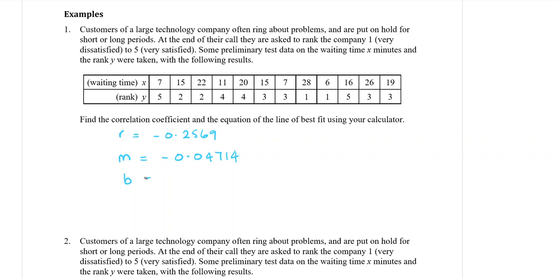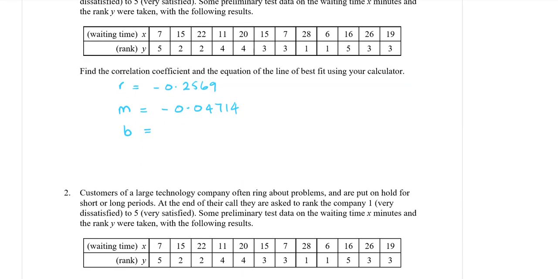And the y-intercept, which is the a on the calculator, was 3.7542. Just reading those straight off your calculator screen, which means our equation of our line is y equals minus 0.04714x plus 3.7542. Probably keeping way too many decimal places there, but you get the idea?